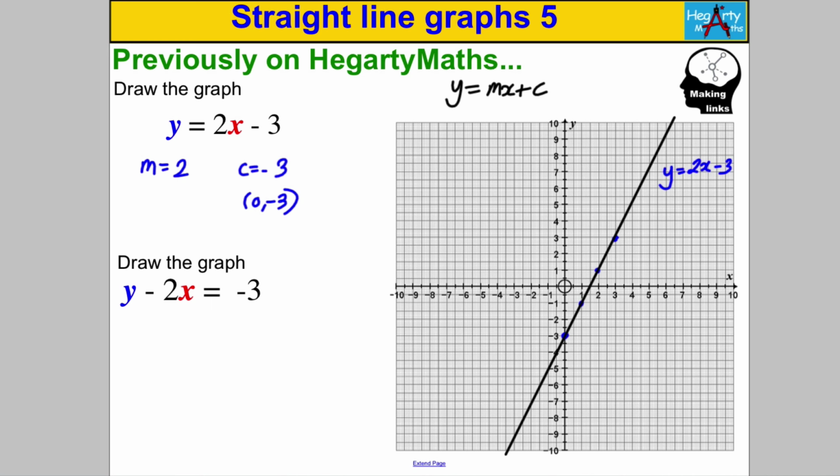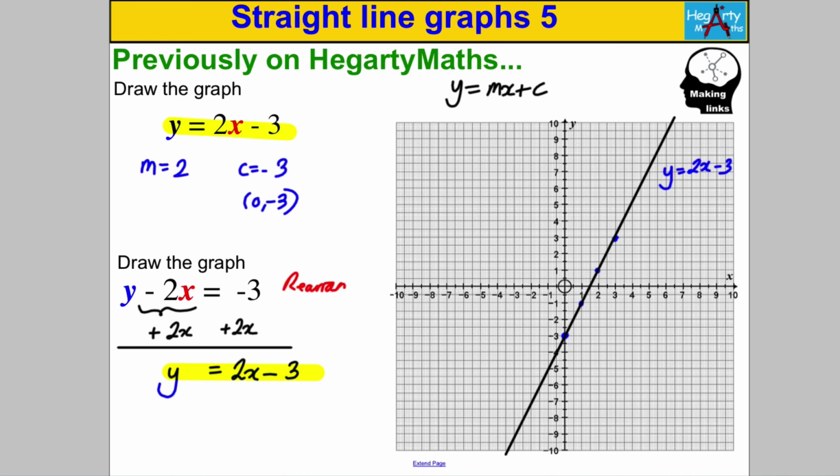How could we remove that subtract 2x? Well, we would add 2x to both sides. And if we added 2x to both sides, we would have what we want on the left, y, and on the right we would have positive 2x, which I just write as 2x, and you still have your -3 or subtract 3. And oh look, that is exactly the same as the line we've just drawn. This here is just this one rearranged.